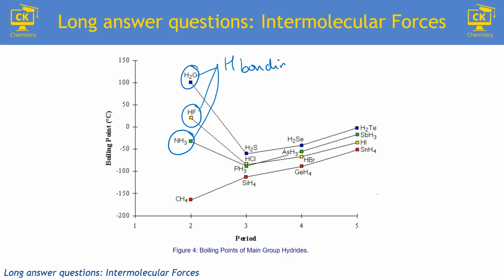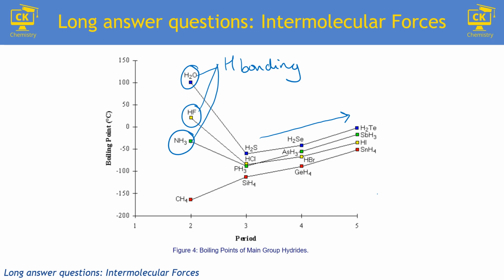So you can see the same pattern where these molecules have much higher boiling points compared to the hydrides of the rest of their group, either group 5 or group 6. And then you get the same trend as you go down the rest of the group, a gradual increase in boiling points, and that is the same reason. It's increased London forces because the size of the molecules increases and they have more electrons.